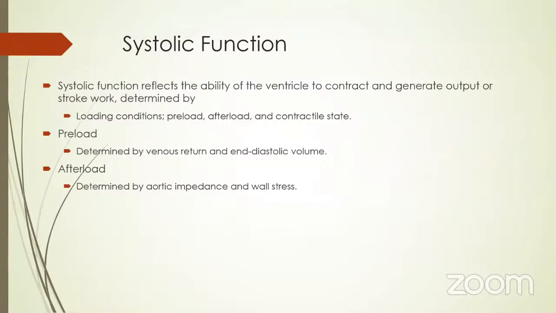As mentioned, systolic function reflects the ability of the ventricle to contract and generate output or stroke work, and it is determined by the loading conditions, preload, afterload, and contractile state. Preload is determined by the venous return and end diastolic volume. The afterload is determined by aortic impedance and wall stress.